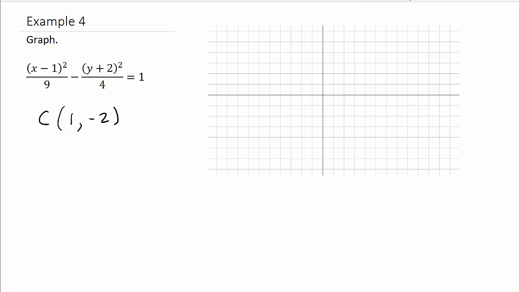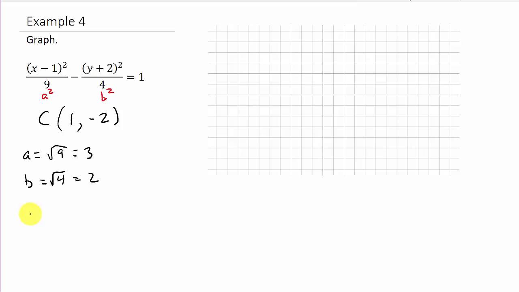Alright, so now we need a and b. Well, we know a squared is 9 and b squared is 4. So that means if a squared is 9, a is the square root of 9, which is 3. And b, well, if b squared is 4, b is the square root of 4, which is 2.